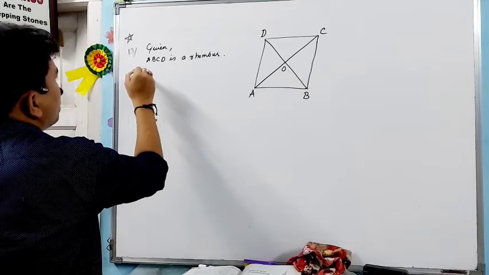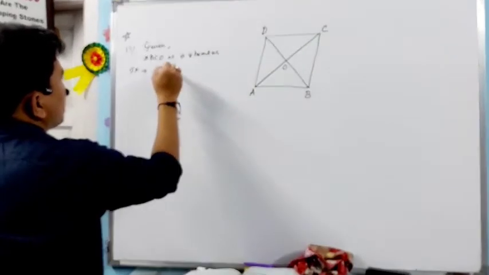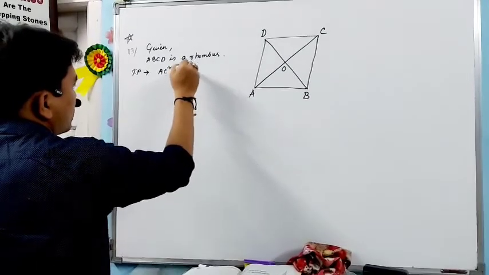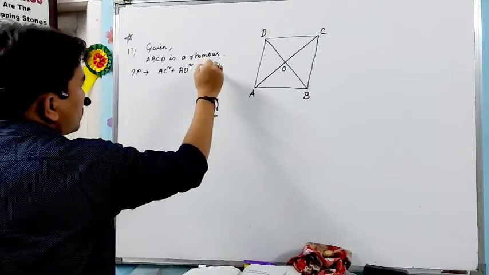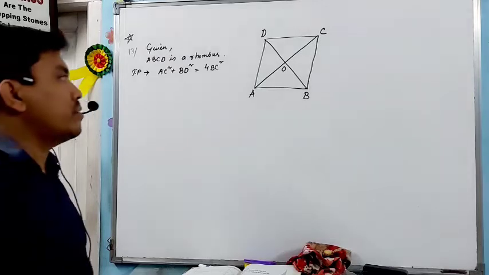What we have to prove? We have to prove that AC square plus BD square is equal to 4 BC square. Okay? Alright.